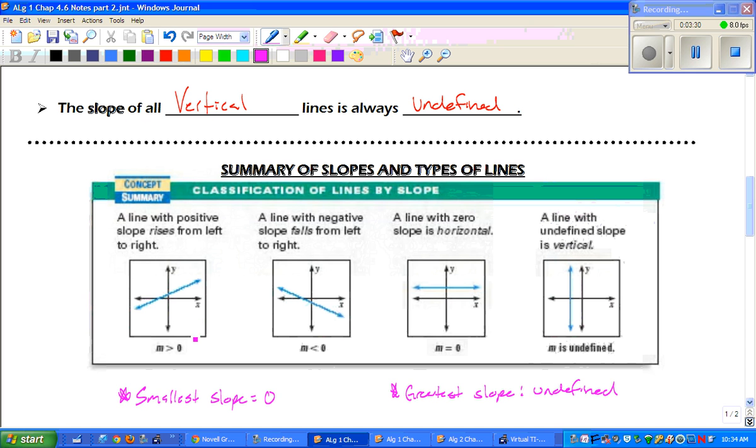Now this one right here, m is greater than 0. This means that we have a positive slope. When it's going down, we have a negative slope. When it's going horizontal, that's when m is 0, your slope is 0, and when it's vertical, it's undefined. Okay? This is an important part that you guys need to remember.